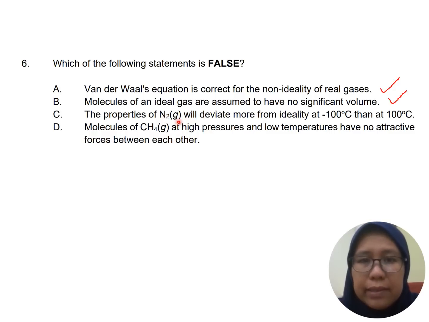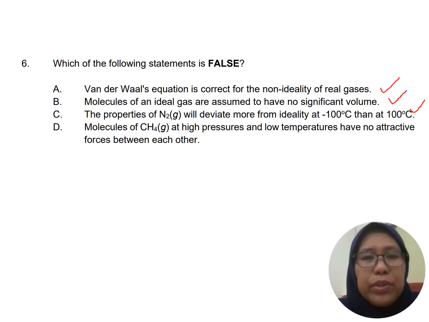Here it says will deviate, meaning farther away from ideal behavior. So negative 100 degrees Celsius is correct. It is deviating far away from ideal at low temperature than high temperature. So statement C is correct.